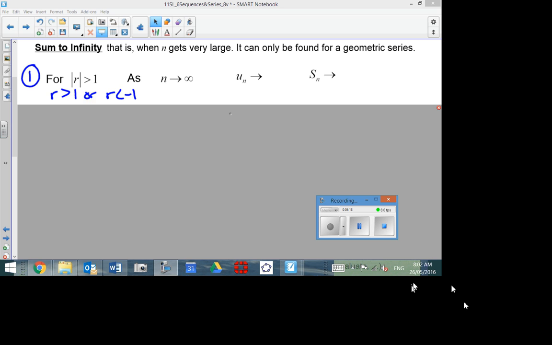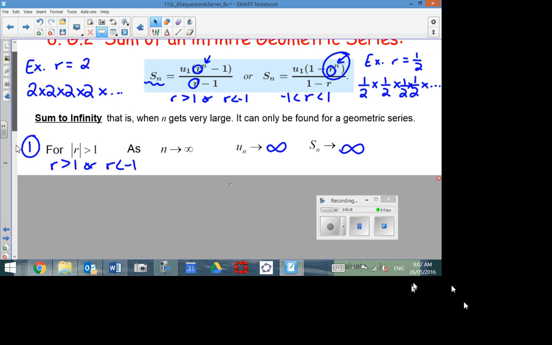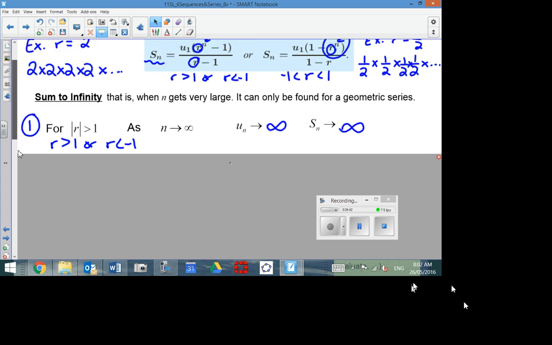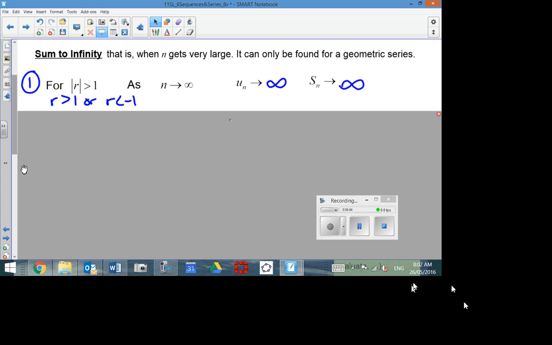If n goes to infinity, so if I let n get really large, then my u sub n, whatever that term is, is also going to get extremely large, which means my sum is going to get extremely large, right? That's the idea we were just talking about, where your r value is going to multiply by itself so many times. For example, if it's 2, you're just going to get an even larger number. Let's take a look at that in a little bit more detail.